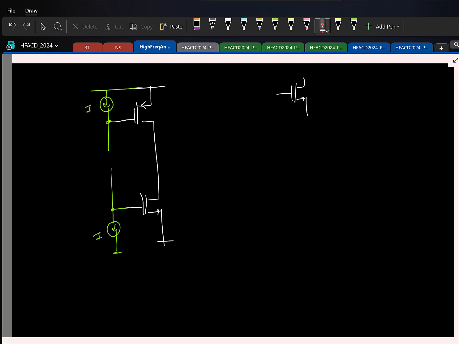Correct. Okay. So how do you propose somewhere? I mean, across which two terminals I should look at? So let us say this is in saturation and I have a current I0. What can you say about VGS? It's some constant. So I can get a voltage drop between gate and source. Fine. That's what he suggested.